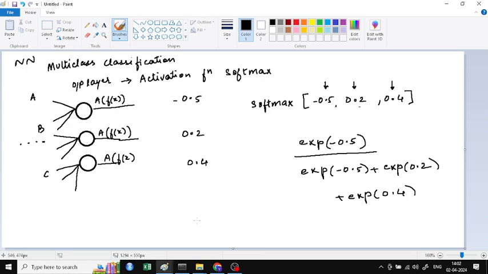To generalize it, the softmax function is the exponential of a particular output divided by the summation of the exponentials of the outputs of all the classes. So this is the formula. Now when you do this, you will get the same length vector, but the answer will be in probability format.